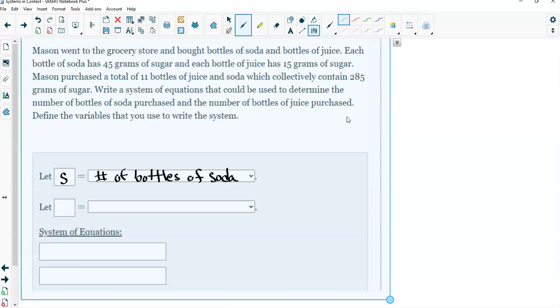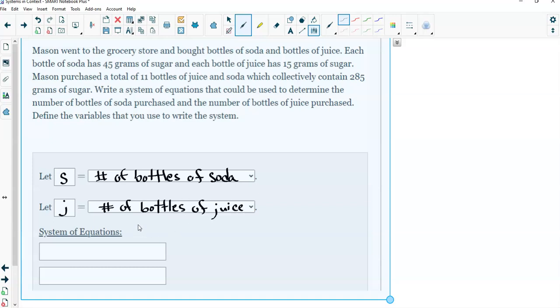And for juice, let's use J. J for number of bottles of juice.